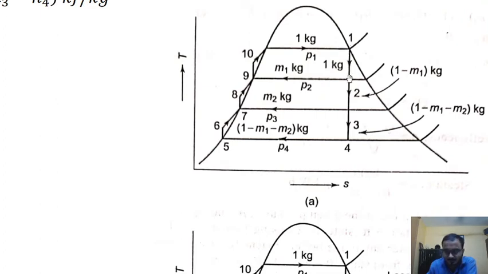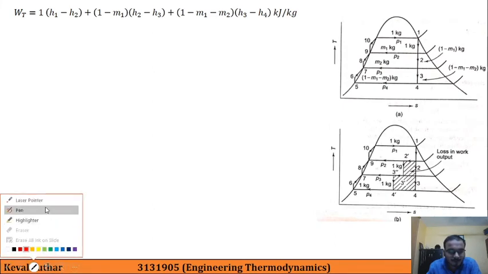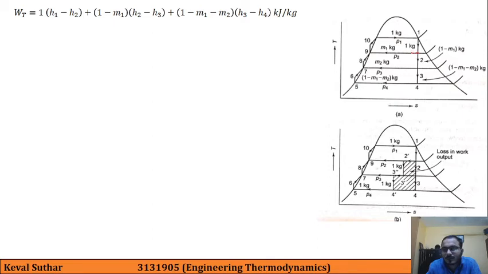This is the first portion of turbine where full 1 kg is being expanded till pressure P2, and then here if you see, m1 kg is taken over here, and only the remaining portion, that is 1 minus m1 kg, is going through the turbine. So this is our first stage of turbine.